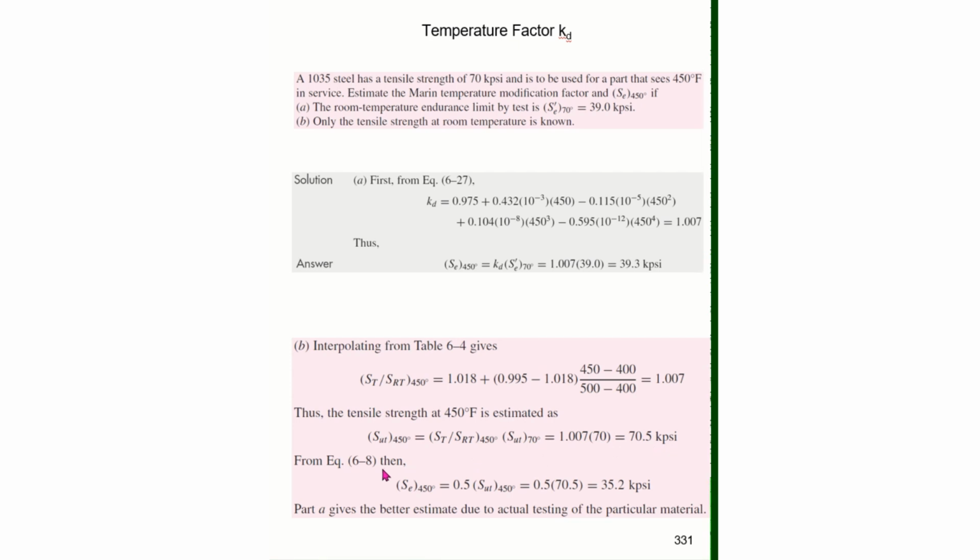Then from equation 6.8, the endurance limit becomes 0.5 times Sut at 450, which gives us 35.2 kpsi. Part A gives the better estimate due to actual testing of the particular material, but make sure you see the two different approaches to solving this problem.